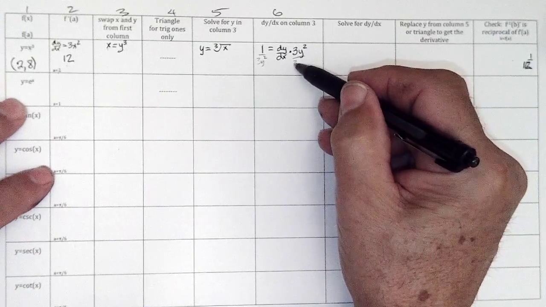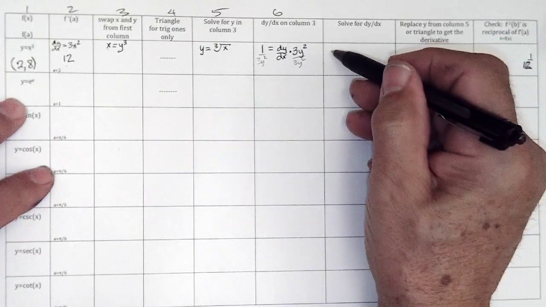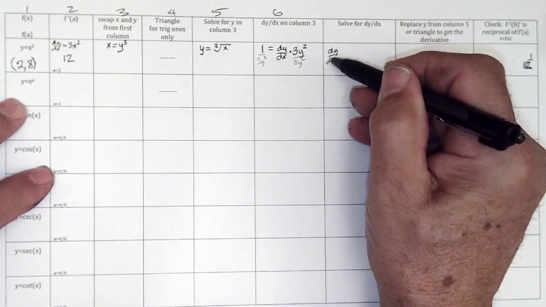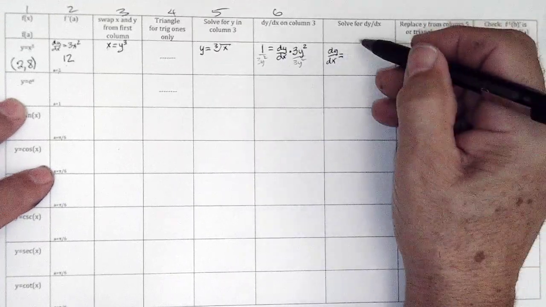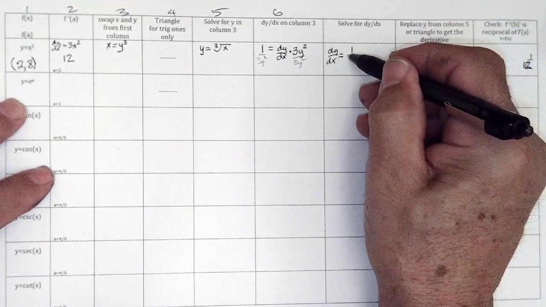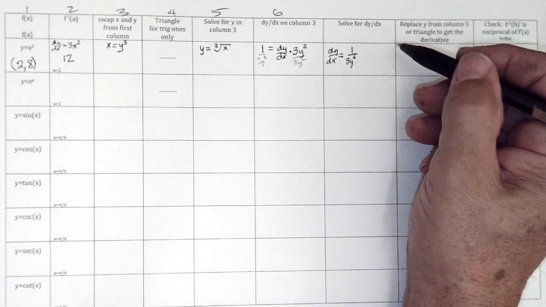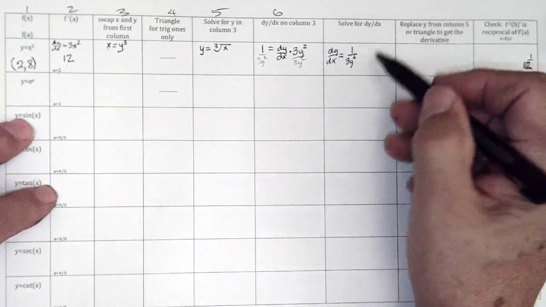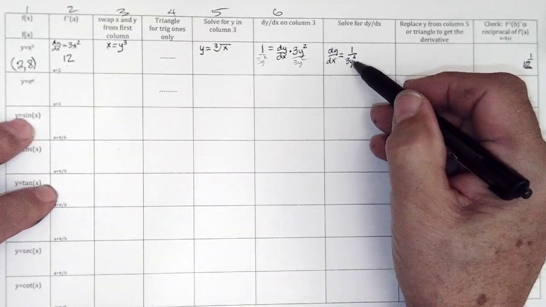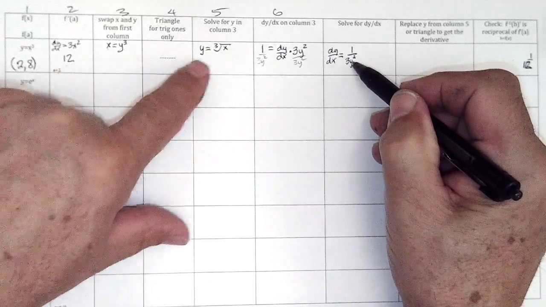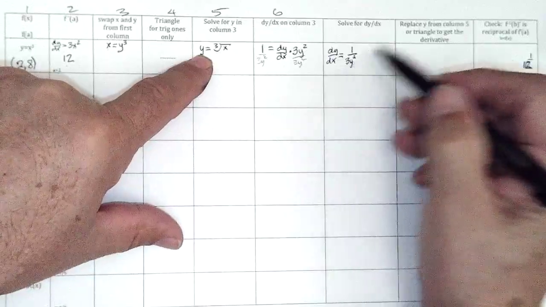And so I get dy dx is 1 over 3y squared. But I would like to have it in terms of x's, so I'm going to replace the y with what y is equal to.